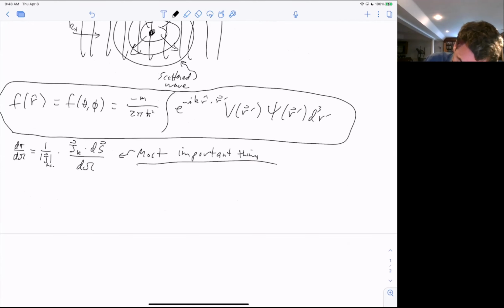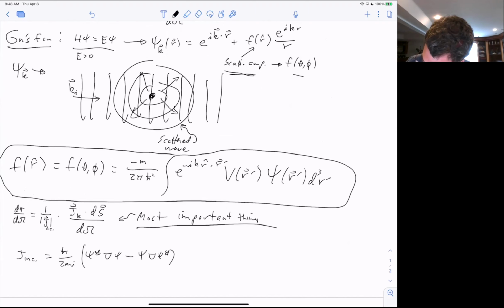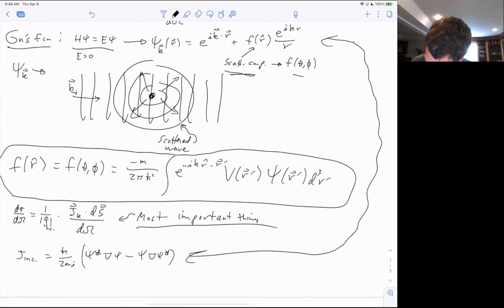We started that last time, and we see that the j incident is the easy one. j incident is just h bar over 2mi, remember, psi star del psi minus psi del psi star. And so we just plug in our psi.